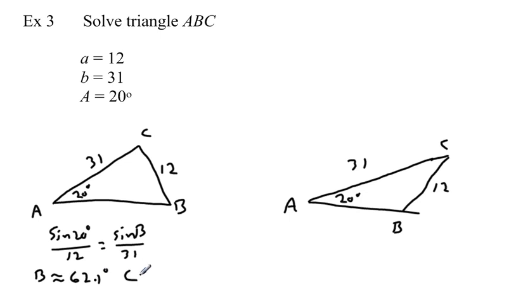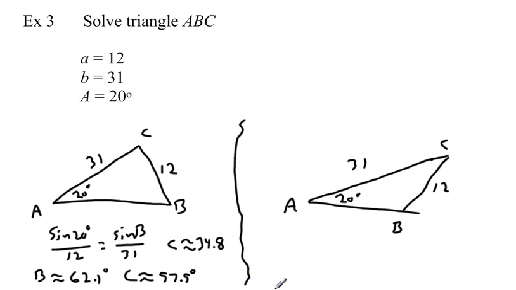Which means that angle C, since it'll add to 180, is about 97.9 degrees. And then from there we can use the law of sines once more. I won't go through all the steps, but then you'll get side C is about 34.8 units. Now, that solution is perfect.